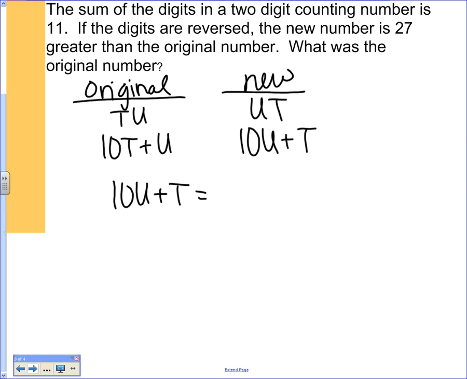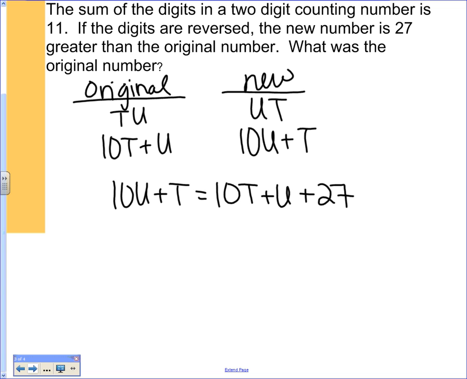So that's where the 12 and the 21 came from. Okay, so our new number is 27 greater than the original number. So our new number equals, what is our original number? 10t plus u plus 27. You'll see how that works? The new number equals the original plus 27.